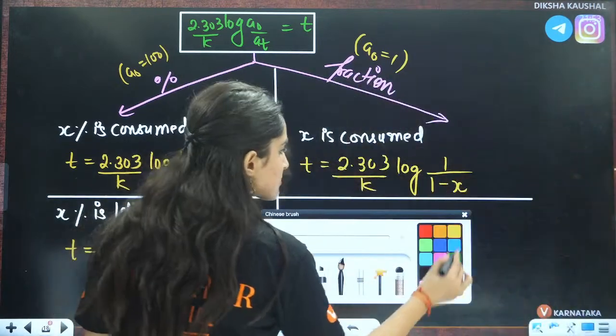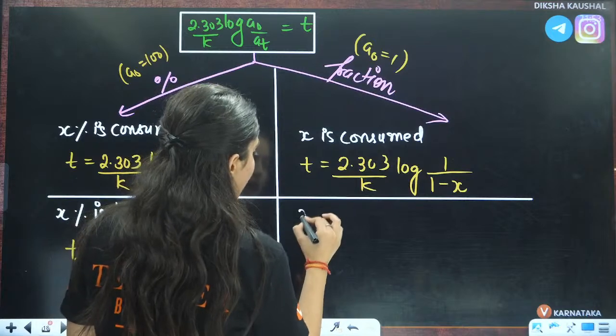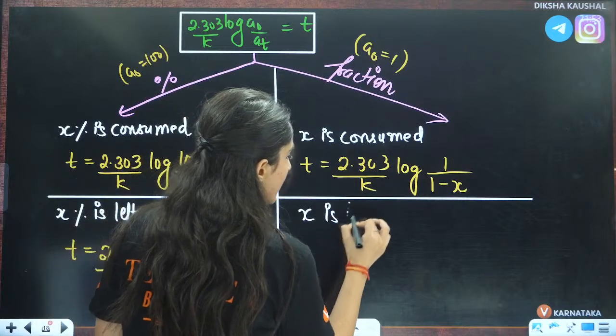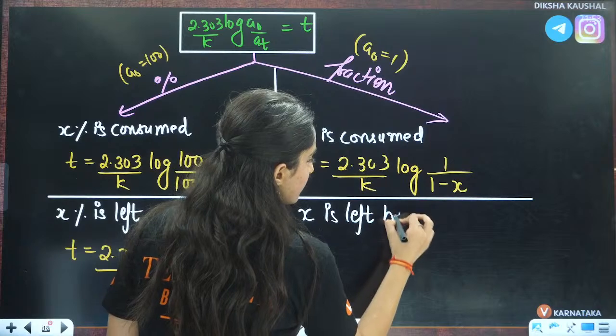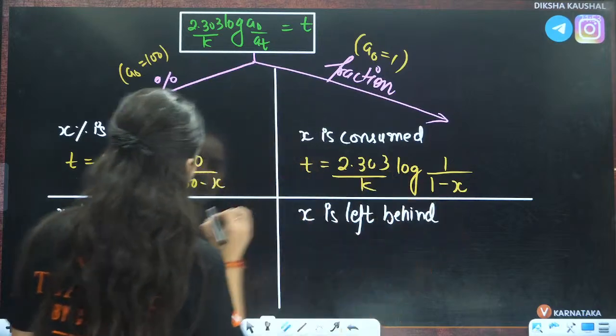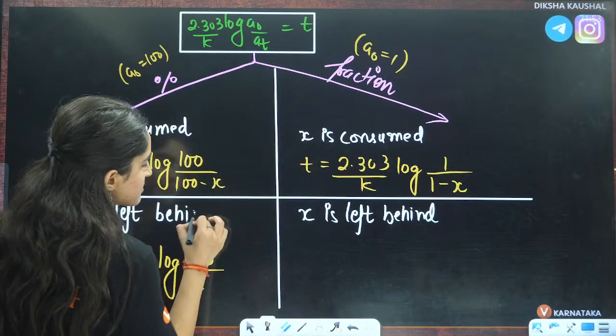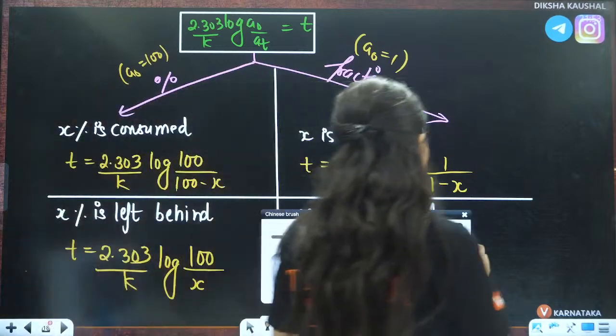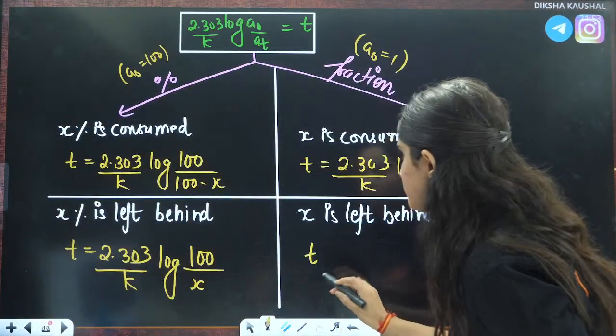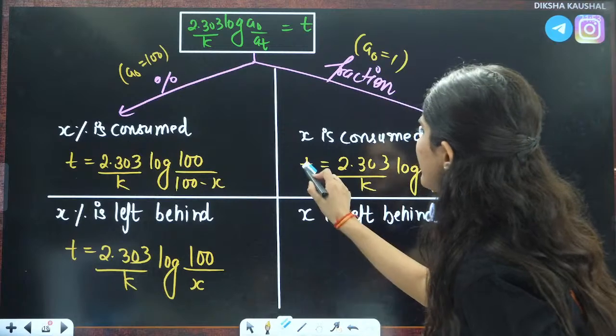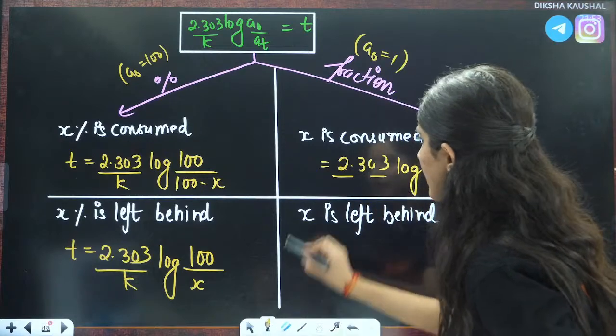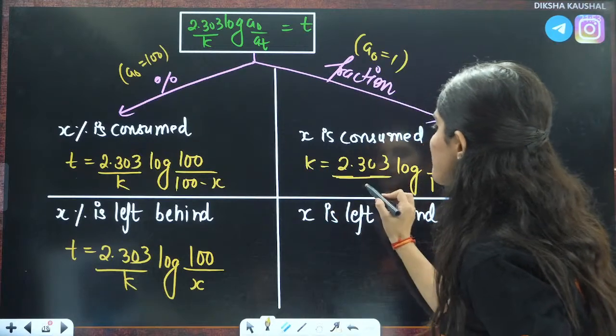Now, for example, they have given you X is left behind. Now, you can write T here or K here; that is totally your choice, depending on what they have asked you.